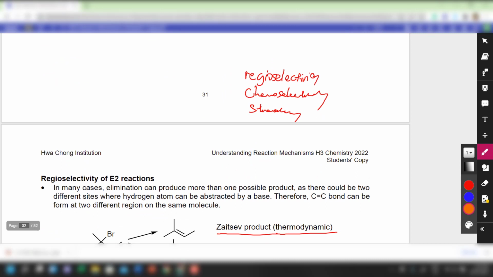Okay, earlier on I also mentioned chemoselectivity. Chemoselectivity is basically the difference in, let's say, oxidizing agents. I think the most clear-cut example for H2 will be oxidizing agents. You know that potassium permanganate can not only oxidize alcohols, but also oxidize alkenes and perform side chain oxidation for arenes.